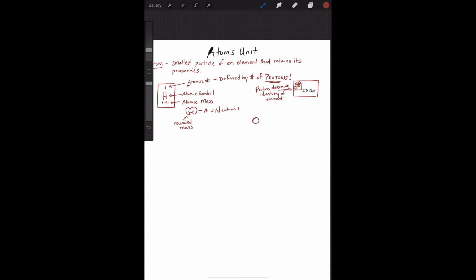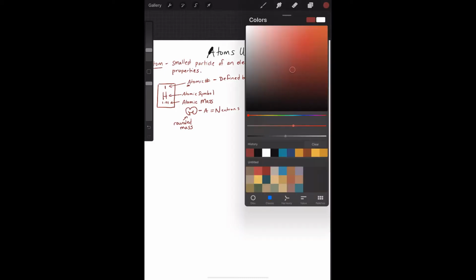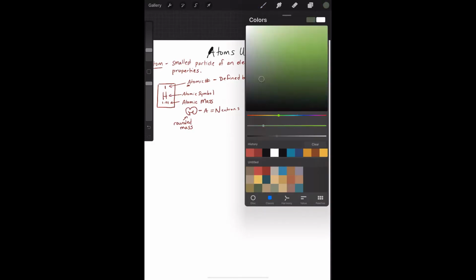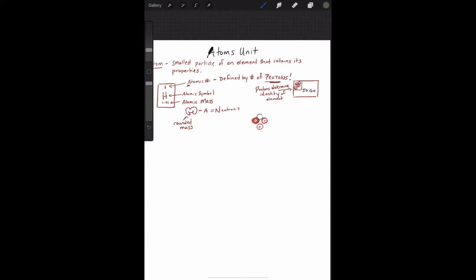Now let's remember that protons are positive in the nucleus of an atom, and neutrons are also in the nucleus and they are neutral. They have no charge.